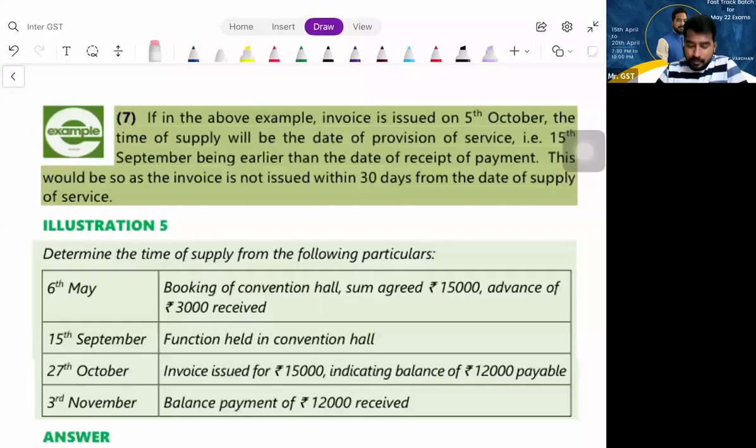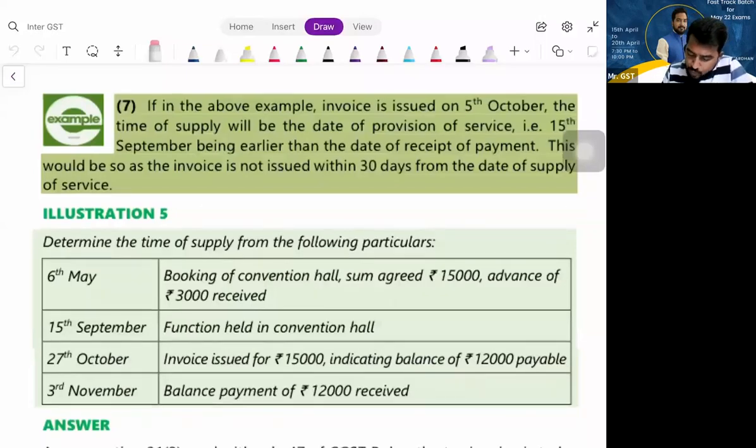Again, please understand, here the total consideration is how much? It's 15,000. But are you receiving it in a single payment? No. So you will receive advance 3,000, balance 12,000 at the end of the function.